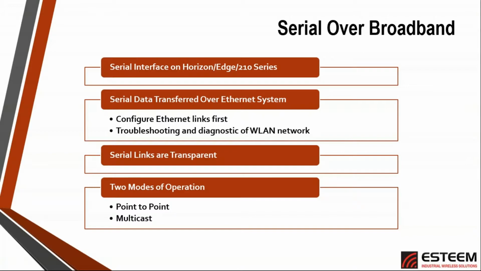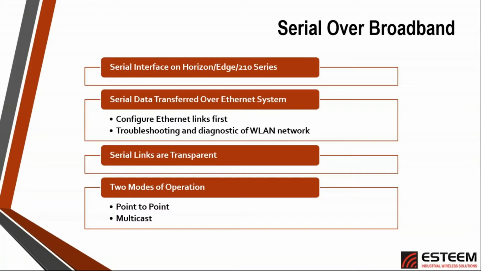Now, the reason that we lump all these together and call it serial over broadband is we have 4 different radio series. We have the Horizon series, which is our highest speed, latest interface. We have the Edge series, which is a lower speed 900 hopper. We have the 210 series, which is the high speed Ethernet over licensed channels in the 150 to 174, the 450 to 470.